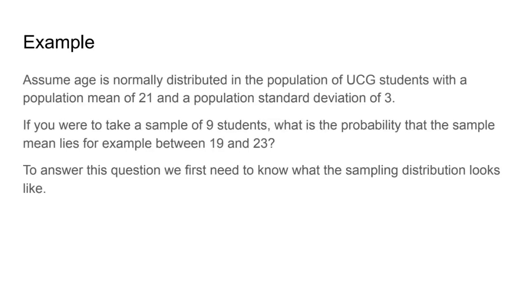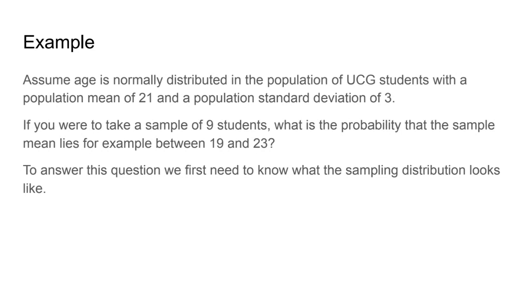Good. So assume we have a population of UCG students where age is normally distributed with a mean of 21 and a standard deviation of 3. Now, if I were to take a sample of 9 students, what is the probability to find a sample mean that lies, for example, between 19 and 23?